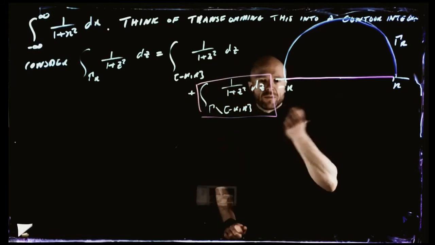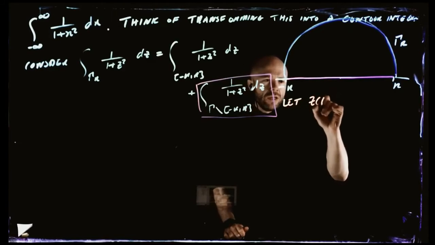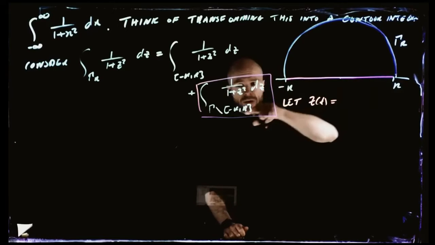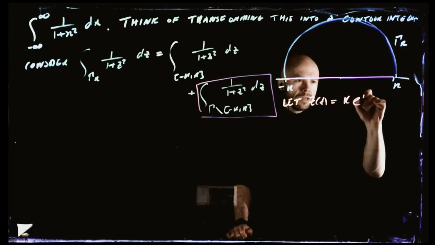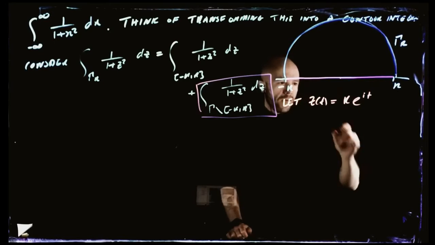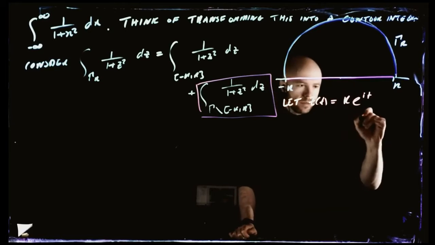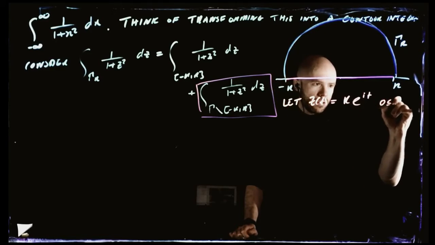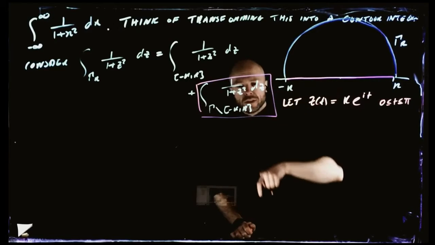Let z of t be a parameterization of this part right here. Let it be r e to the it, where t goes from 0 up to pi.